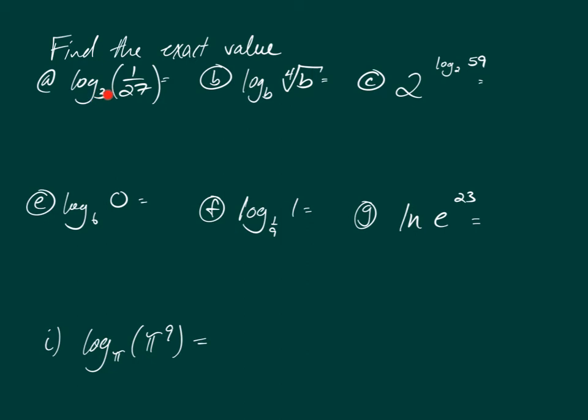So this is going to be our clue. We want the base of the argument to be 3. So let's see. This will be log base 3 of 3 to some power gives me 1 over 27.